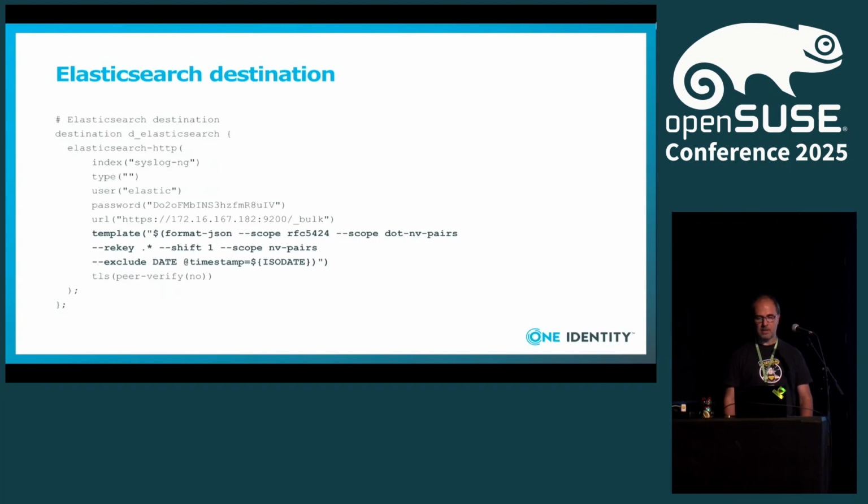Here we define an Elasticsearch destination, and you can see yet another template where we use name value pairs. In this case, we use JSON formatting, as that's what Elasticsearch is expecting from us, and we include all of the Syslog-specific name value pairs and any name value pairs we parsed from the log messages.